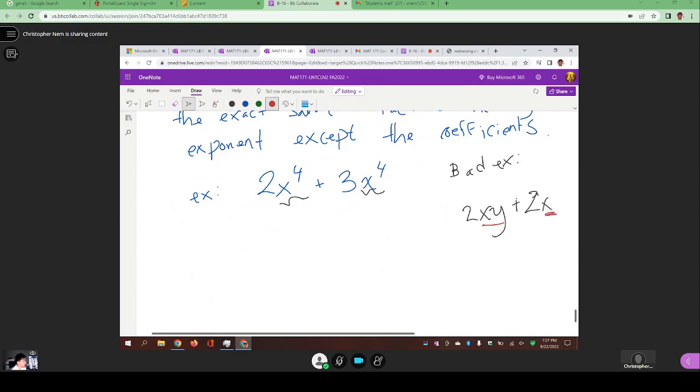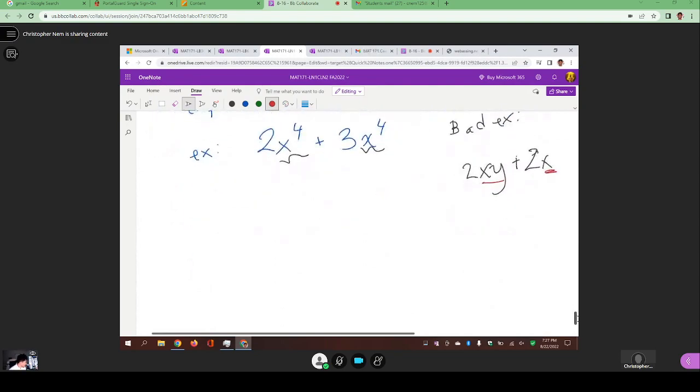However, this term only has an x. They are not like terms. They even share the same coefficient, but because the other factors outside the coefficients are different, we cannot call them like terms. Another bad example might be 2x squared plus 3x to the fourth. Even though these guys have x's in them, because the exponents are different, they are not like terms.